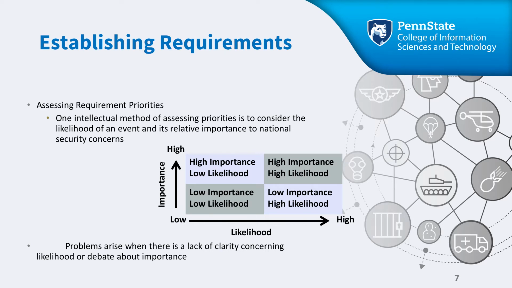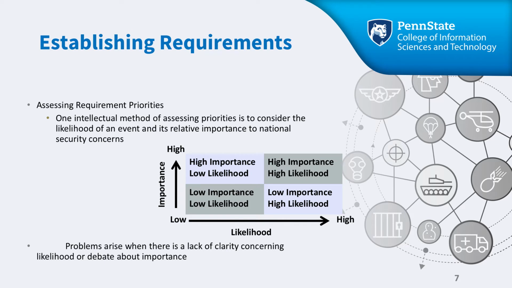That leaves the box on the upper left, and that is the one where intelligence professionals really earn their pay. That's something that is not very likely to happen, but if it does happen, it's going to be really, really, really important. And sort of predicting and figuring out what these are in advance, that's usually the million-dollar question. Things like predicting a major terrorist attack, which is not likely, but very important when it happens.